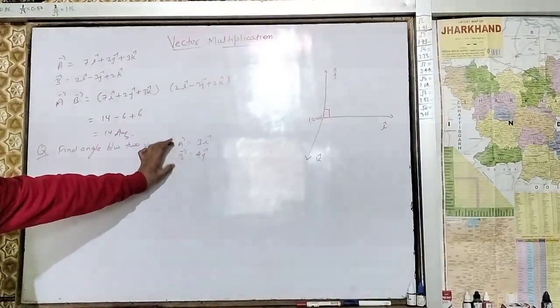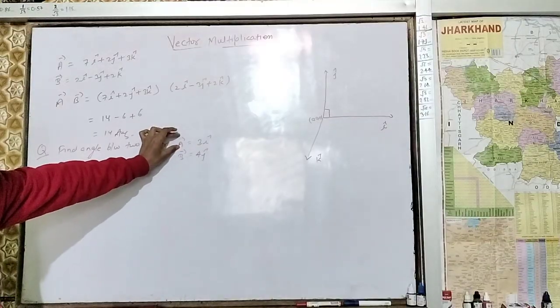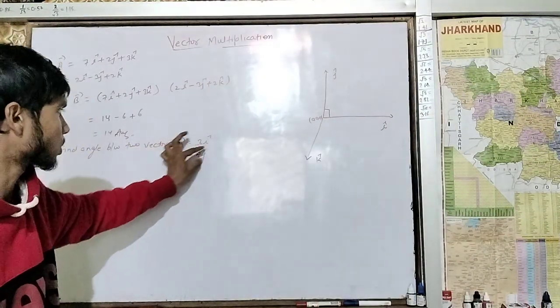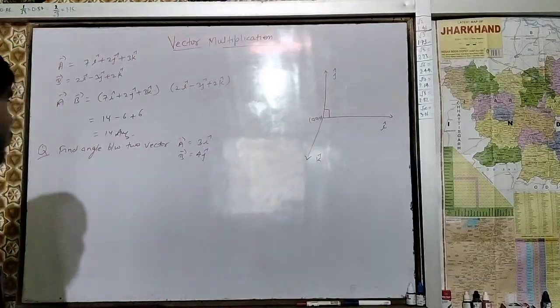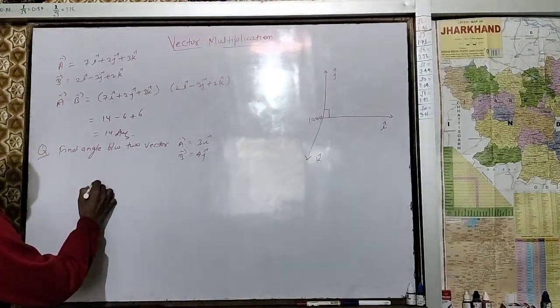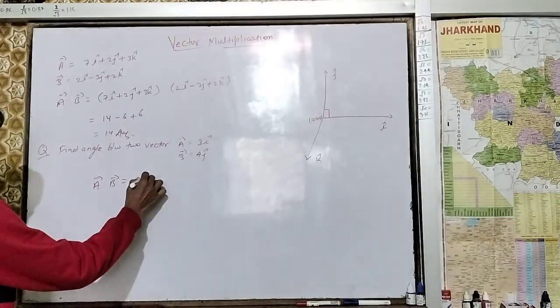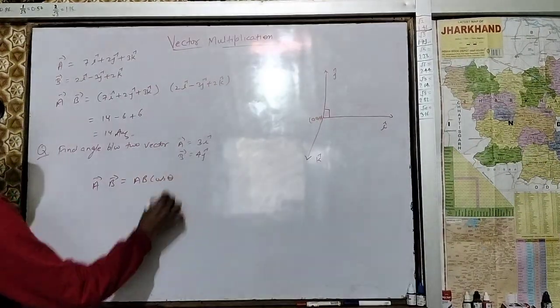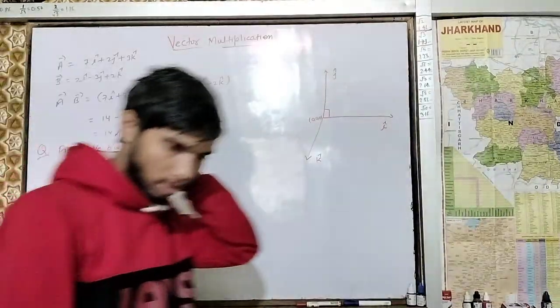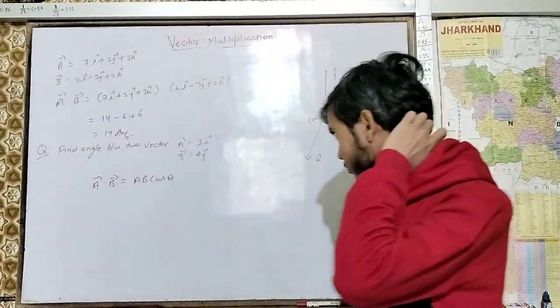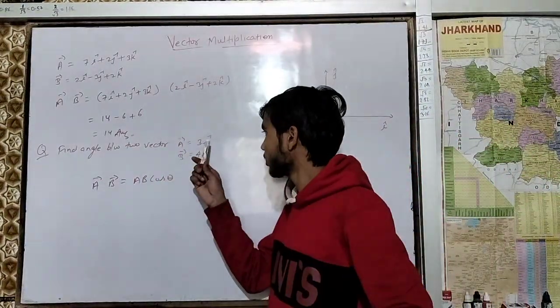These two vectors are given over here. The first vector is 3 i cap, and the b vector is 4 j cap. As you know, our formula is AB cos theta. Look at over here.